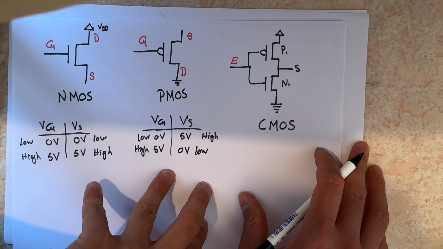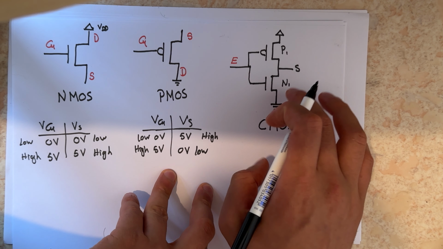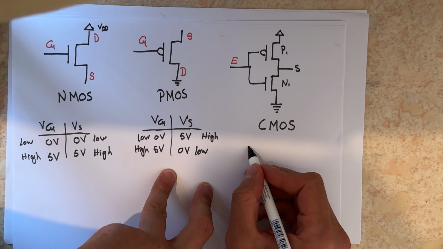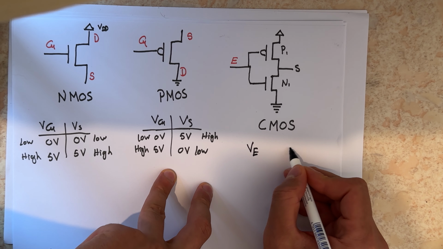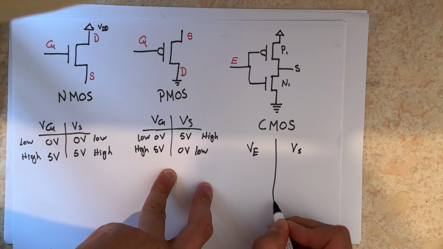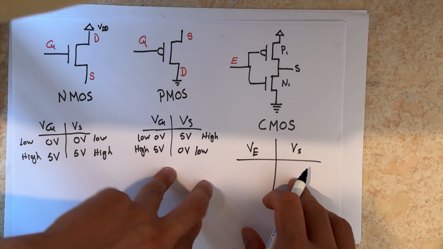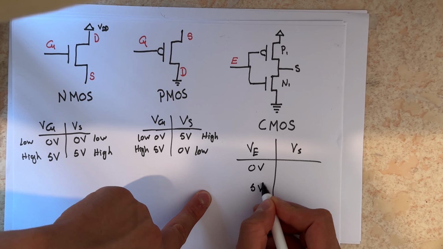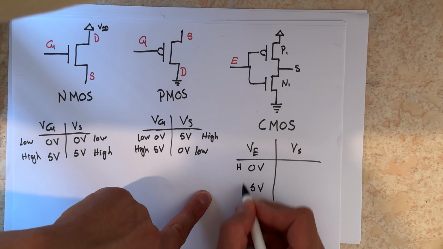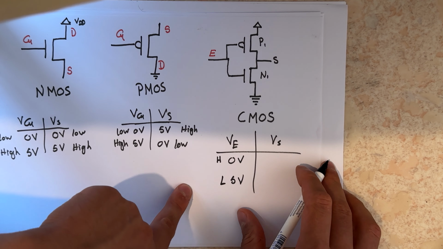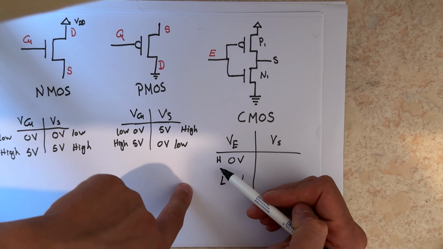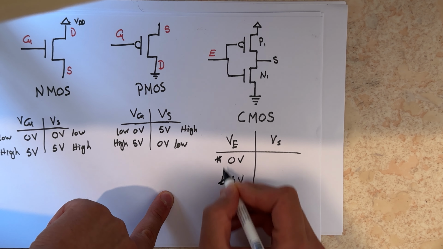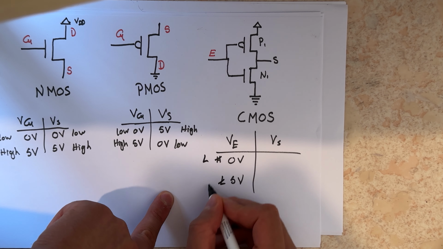But in CMOS, which is a combination of a pMOS and an nMOS, it's a little bit different. Here, we get 0 volts, 5 volts, this represents high, this represents low. Sorry, this one is low, this one is low, this one is high.